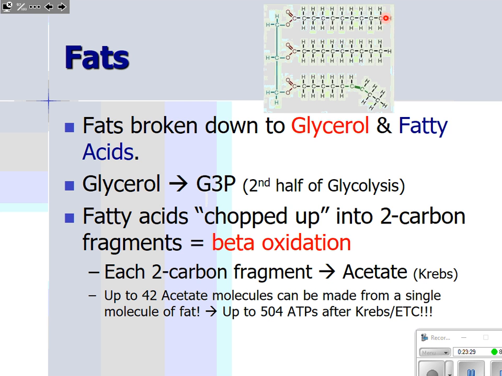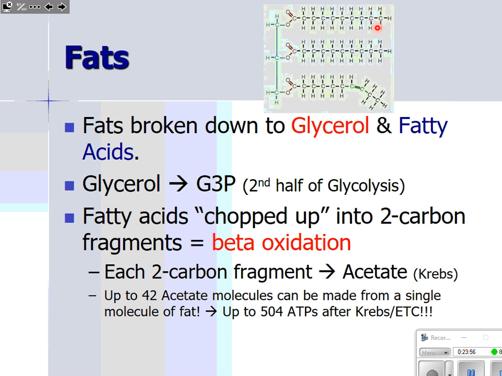And then I've still got these 3 fatty acids, these long chains of carbon. Fatty acids are sometimes called hydrocarbon chains. I can't turn them into glucose, but what I can do is chop them up. You see how I could take these 2 carbons and then break this bond, 2 more carbons, break a bond, 2 more carbons.